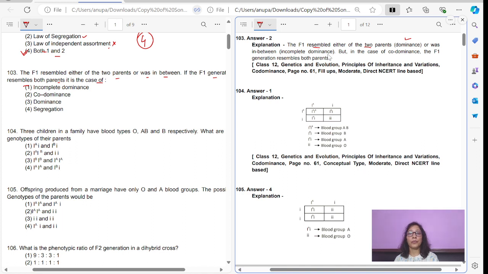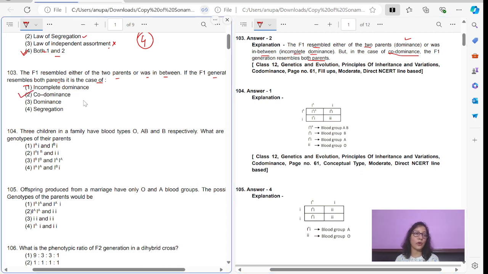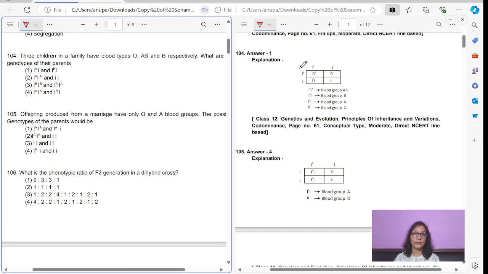And if the progeny or F1 resembles in between, then it is known as incomplete dominance. And when the F1 resembles both the parents, then such a situation is called codominance. So the answer of this question will be codominance, that is option number 2. Now let's move to the next question, that is question number 104.